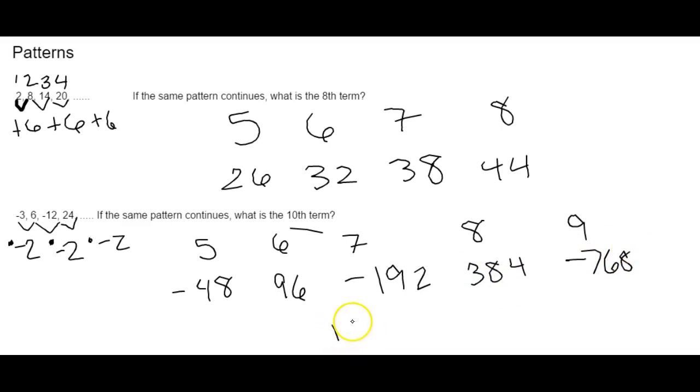And then I'm going to have to write the 10th term below. -768 times -2 is 1,536. So we just keep following the pattern until we get to the term we want.